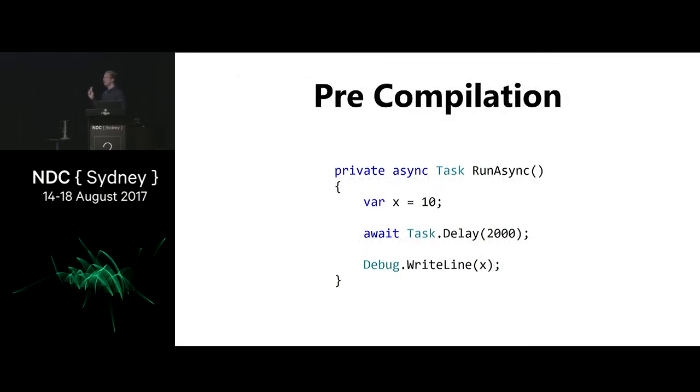So just looking at this very small example here, we're adding the async keyword. You can see that we have the Debug.WriteLine at the bottom. So when we compile this, you would probably expect that it'll look a little bit similar to this here. How many of you have looked at decompiled async code before? OK, good. So you all know what it's going to look like, pretty much.